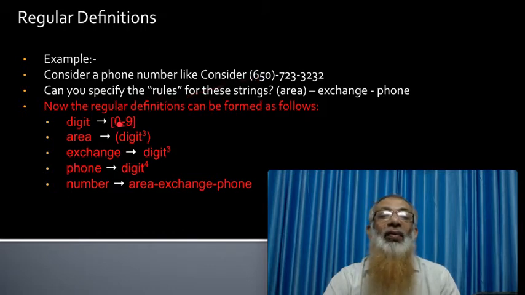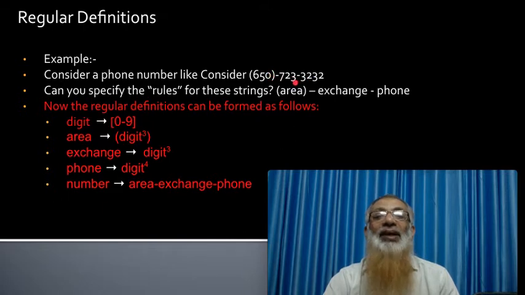So we have digits here, 0 to 9. It can be any valid code. Now we have another code here. See the area part. Area part is to be specified. We can see that the area part starts with a pair of parentheses. After that, we have digit and we quantify it with 3. There can be 3 of these, 3 digits.